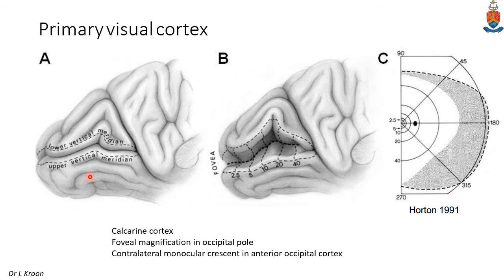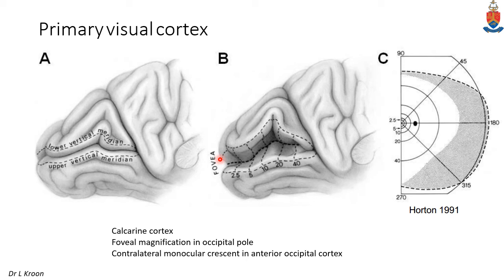And finally, let's get back to the primary visual cortex. This is the so-called calcarine cortex. Here you have the upper bank, and here you also have the lower bank. Notice that the foveal representation occurs here in the posterior part. There is also a cortical magnification factor, such that the foveal representation takes up a large amount of visual cortex. So that's here.